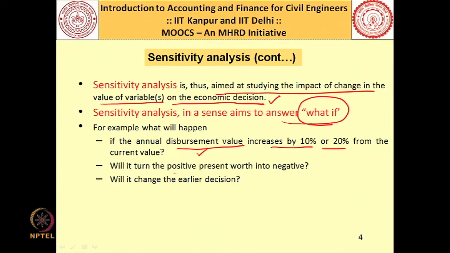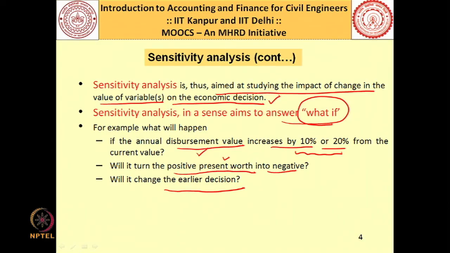Will it turn the positive present worth into negative? Suppose for the given value you find that net present value is positive. By changing this, will my present worth change from positive to negative, and thereby will it change my earlier decision?